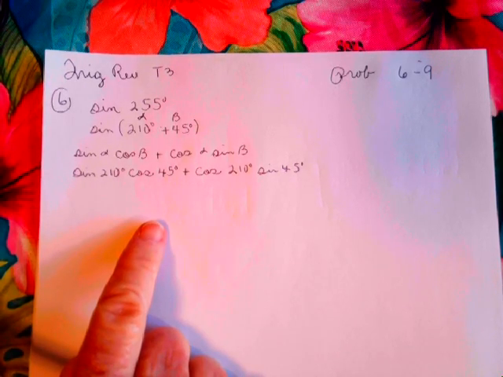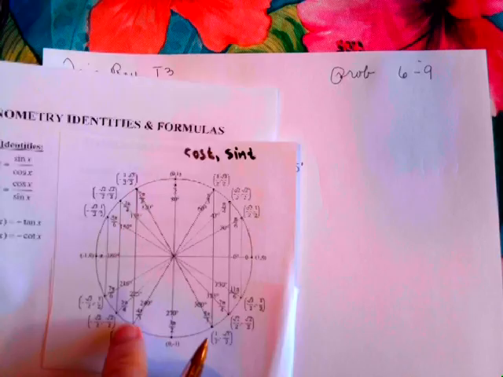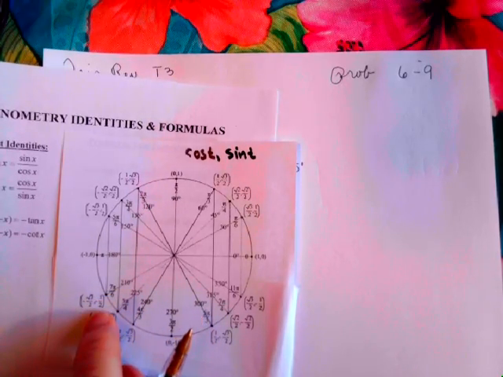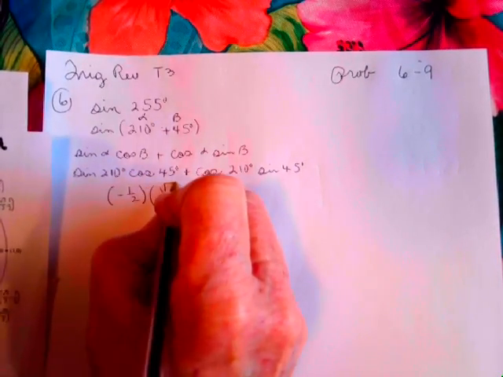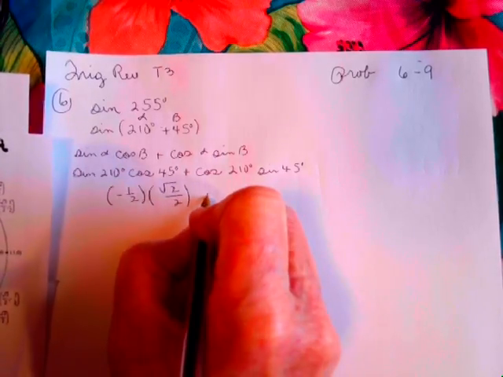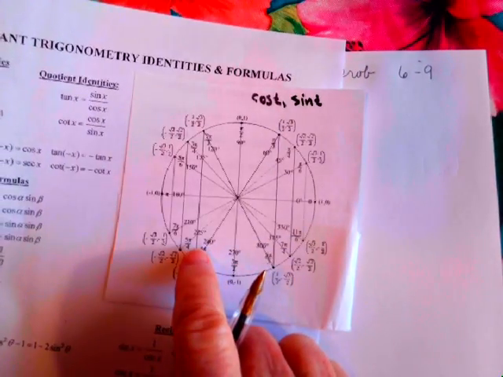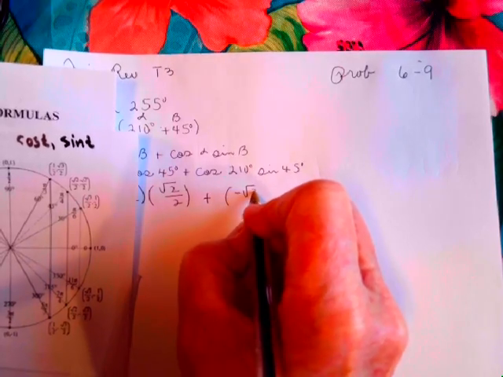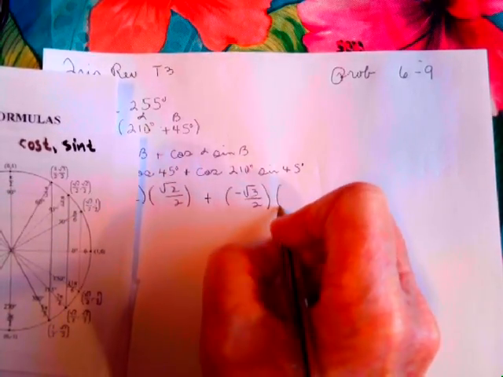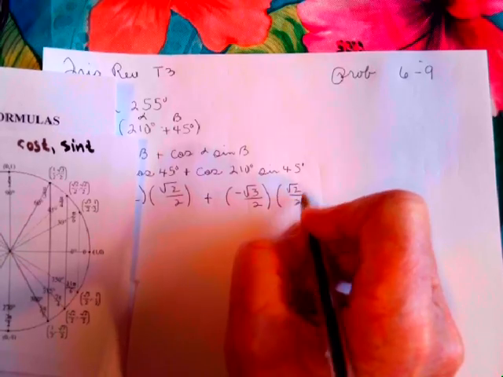After you've done that, then you can easily look at the exact value chart. What is the sine of 210 degrees? Negative 1/2. The cosine of 45 degrees is the square root of 2 over 2, plus the cosine of 210 degrees is negative square root of 3 over 2, and the sine of 45 is also the square root of 2 over 2.